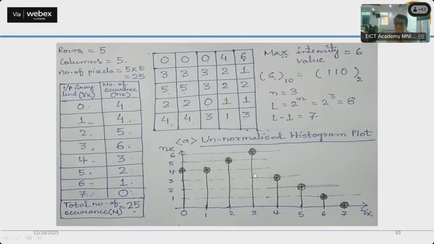And 6, 4, 5, 6, so 6 is there. And 4 is 3. 5 is 2. 6 is 1. Can somebody tell why we have calculated this value?